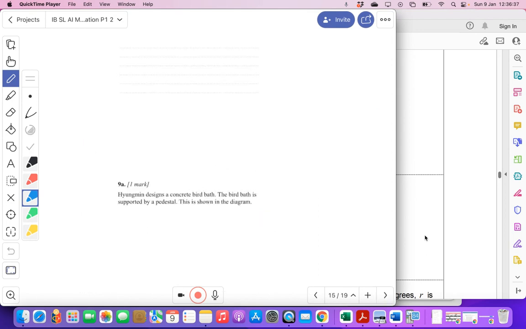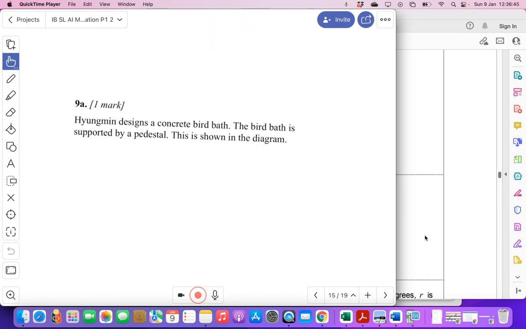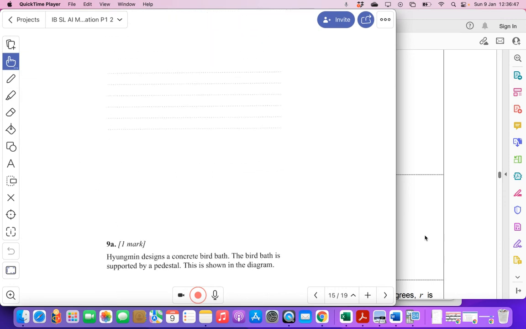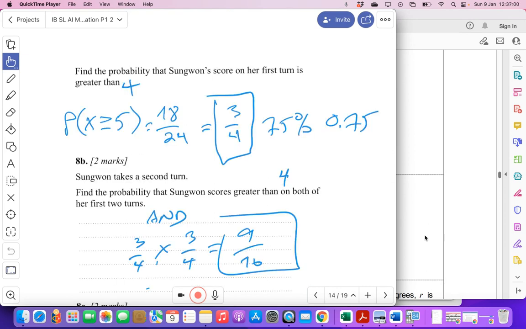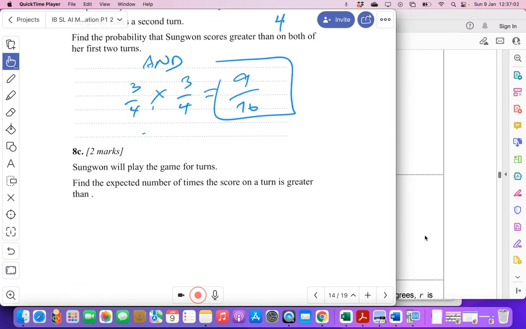All right, Sung-Won will play the game for 11 turns. Sorry, missing that question. Find the expected number of times that the score is greater than 4. Here it is.